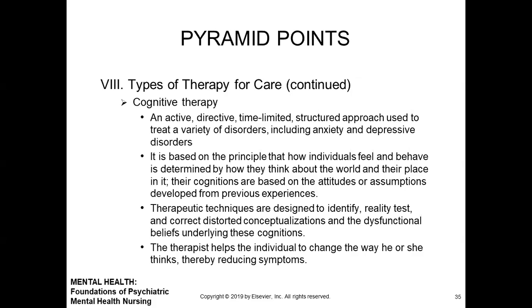So therapists help the individual to change the way he or she thinks. Therapists find out what the abnormal thinking is. Psychiatrists or psychologists giving counseling try to catch the problem and also snatch them from this abnormal thinking.